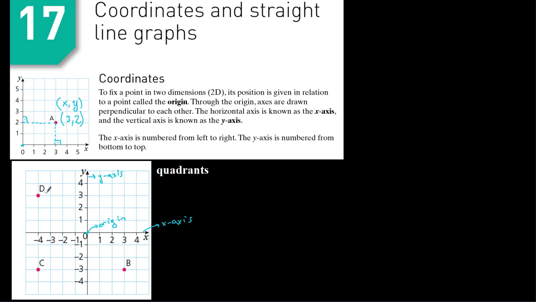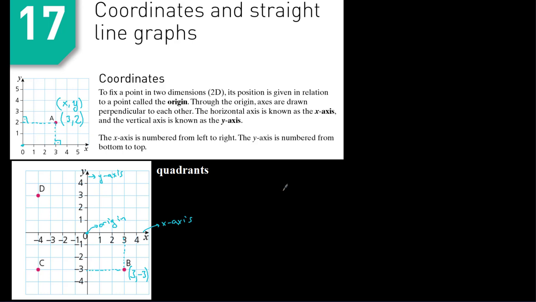To understand the coordinate of B, when I draw one line here, these are the projections. The first value, which is x, is 3, and the second value is -3. So the coordinate of B is (3, -3).